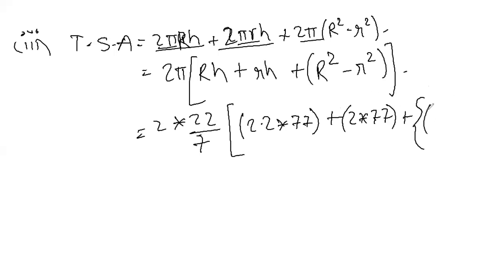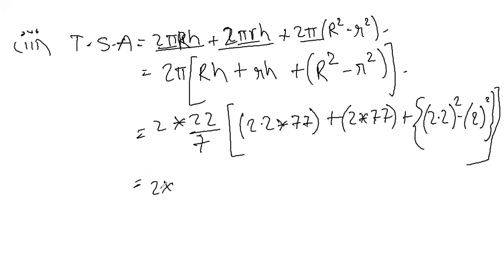So capital R square is 2.2 whole square minus small r square. So small r is 2 whole square and curly braces and finally the square bracket. It's a little messy, so I'll just make it clear. Minus 2 whole square, curly braces and square.